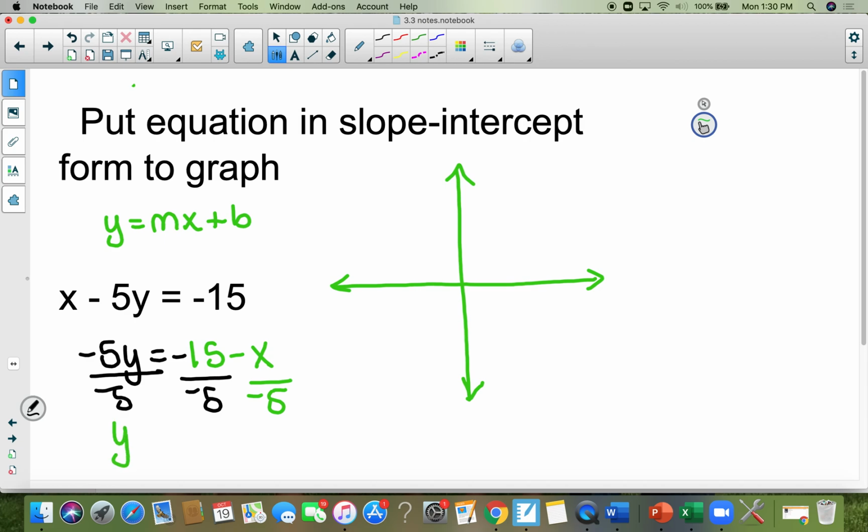So I'm going to get y equals a positive 3 plus 1/5 of an x, because two negatives equal a positive. The 3 is where it crosses the y-axis, and the slope is up 1 and over 5. Connect your two points, and you are done. You need to get y alone in order to graph.